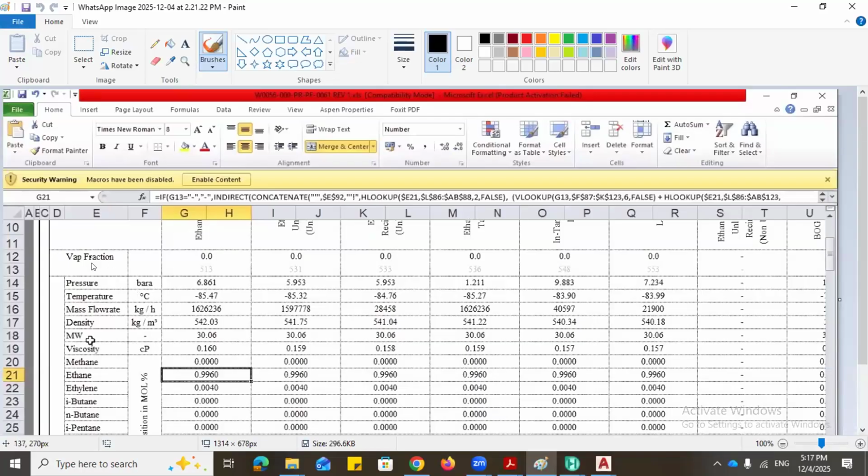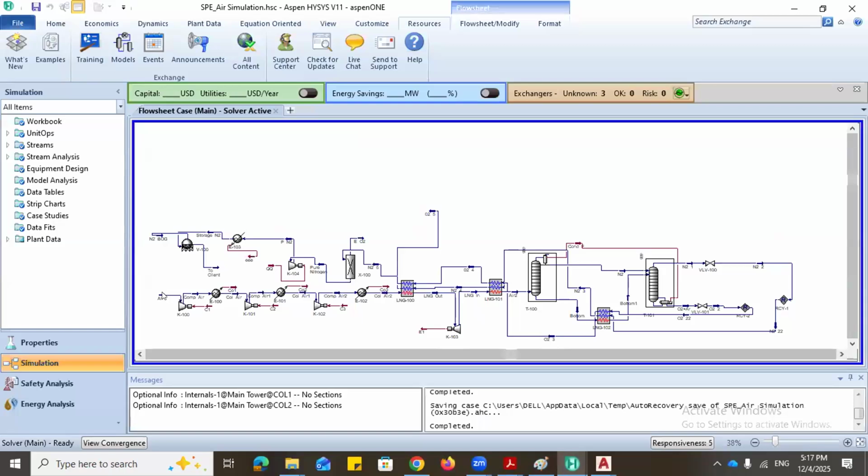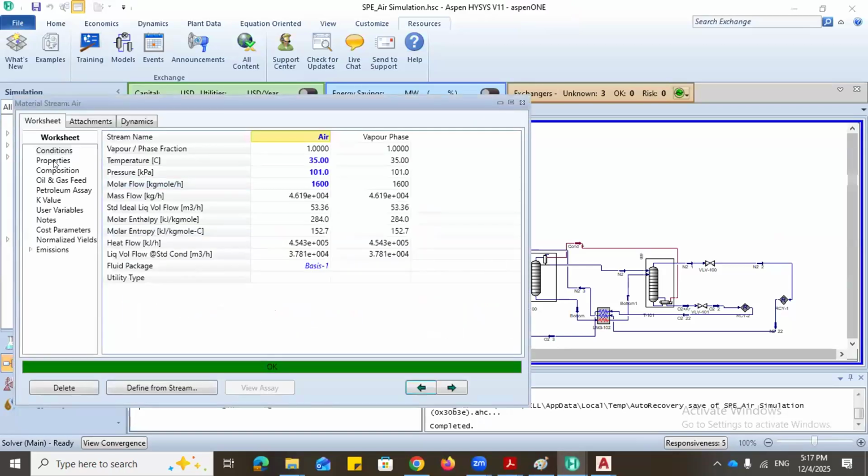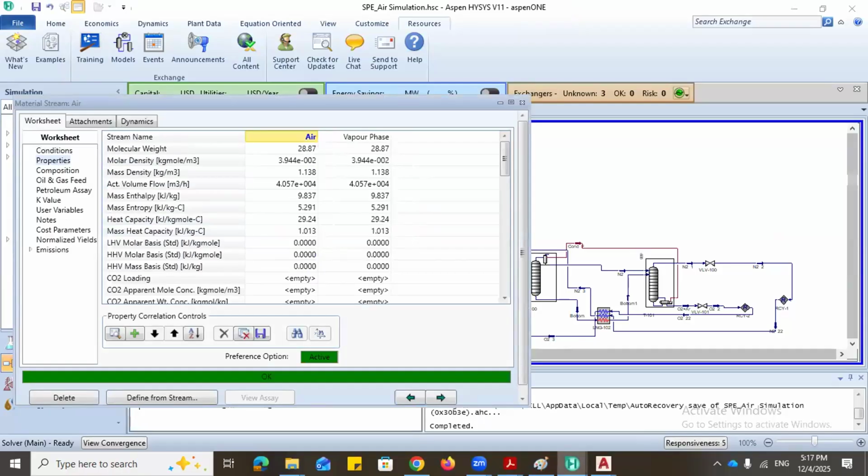Our normal vapor fraction, pressure, temperature, density, viscosity. After this viscosity, what do we call them? Let's confirm this. Just hold on. Good. These are the properties of the stream.